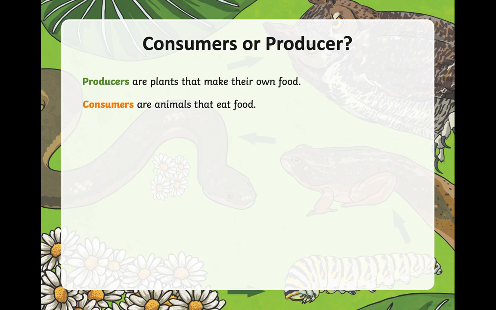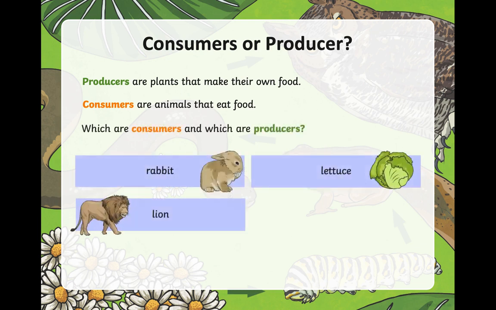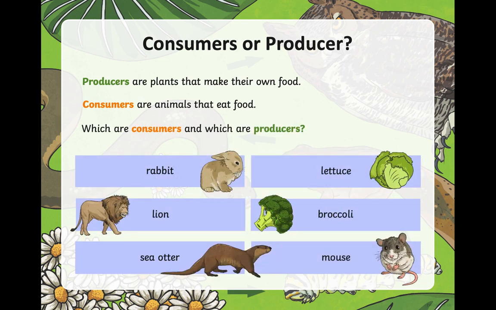Consumers are animals that eat the food, right? They can be the caterpillar we just saw. They can be the mice that eat, for example, the insects, or it can also be the wolf that eats the mice and consumes it. Right? Can you pause the video and identify which one of these are producers and consumers?